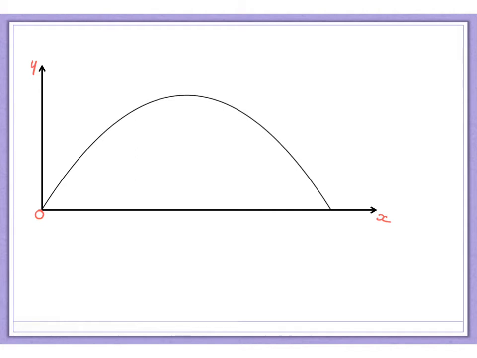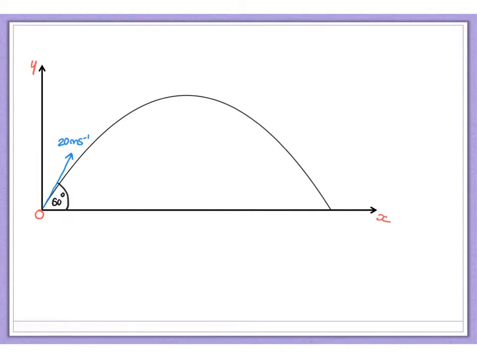Now, we know that the golf ball was hit with a speed of 20 meters per second. So I'm going to mark that onto my diagram like this. And we know that the angle of projection is equal to 60 degrees.